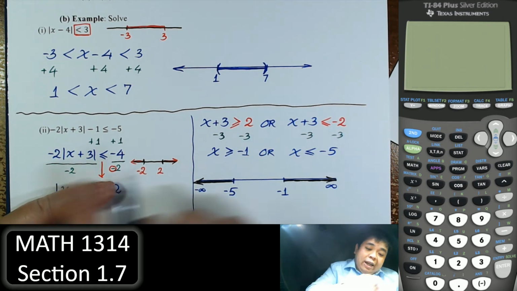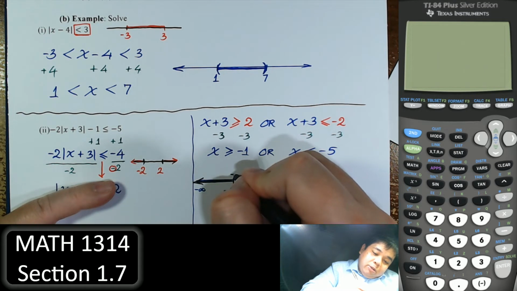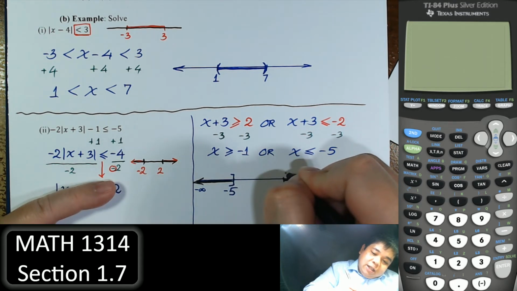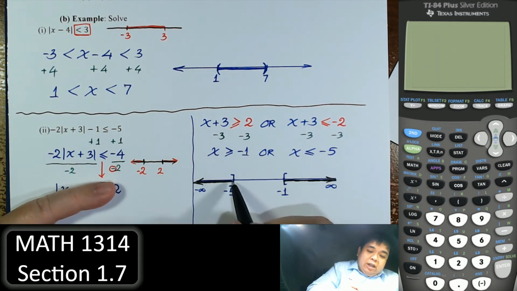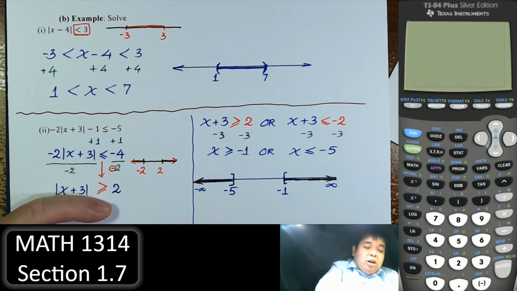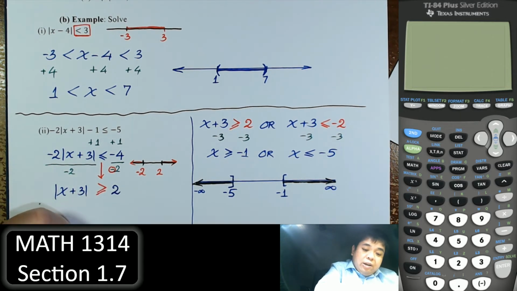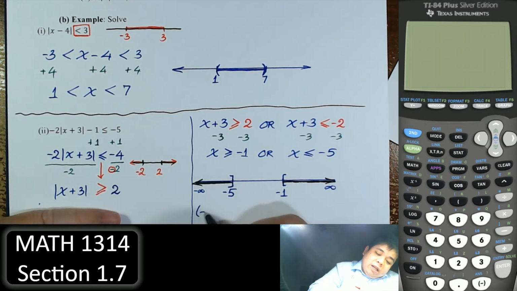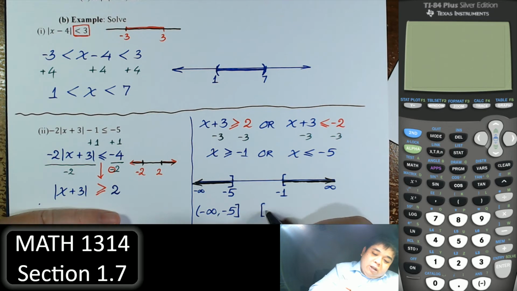And this one has the equal sign, so that will be a bracket. Some books use the brackets, some use the solid dot for an equal sign and the empty circle when there's no equal sign. So we just say -infinity to -5 bracket, -1 to infinity.